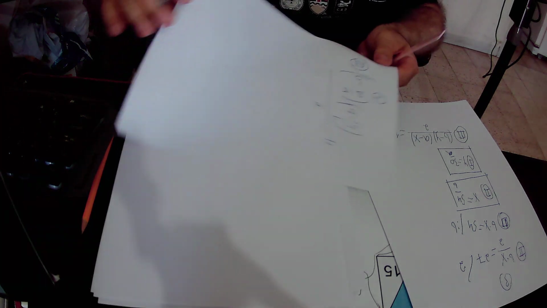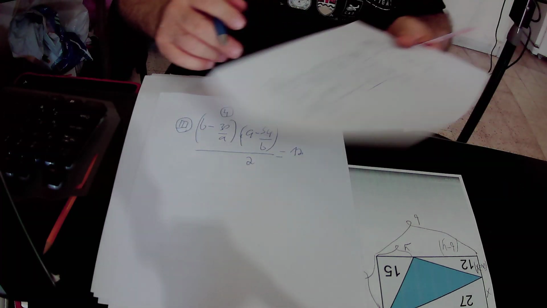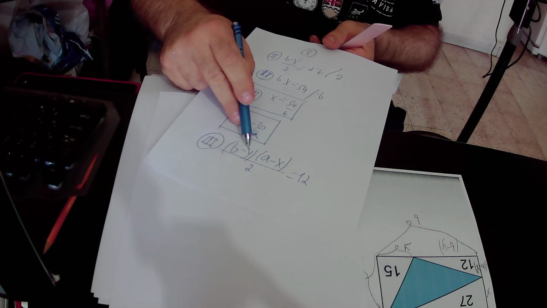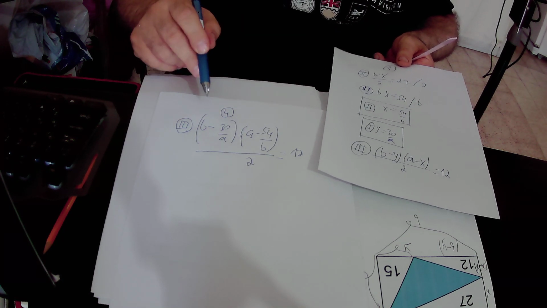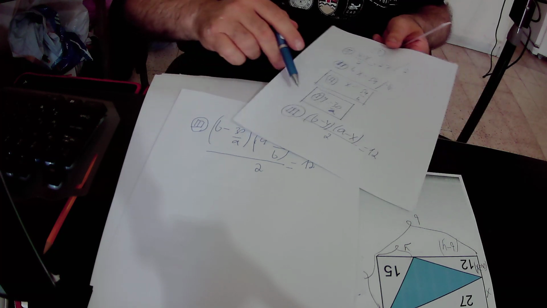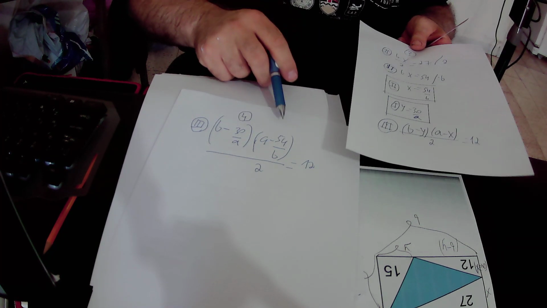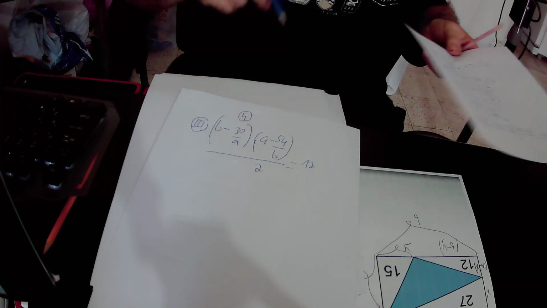Okay? Here we substituted y by 30 over a, and we substituted x by 54 over b.